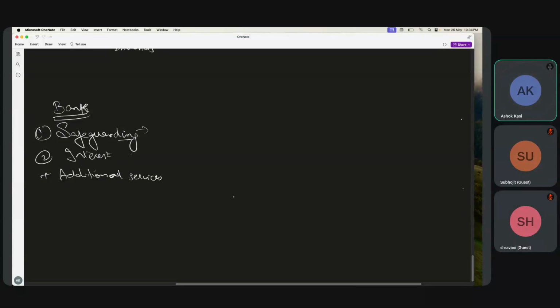So what will you do? You will pull out a mini statement and see all the transactions. The bank will tell you, look, in the morning you deposited 10,000, after that you spent this much here, here, here, and now the total balance is 4,000 rupees. So then you will believe that the bank is safeguarding your cash, right?